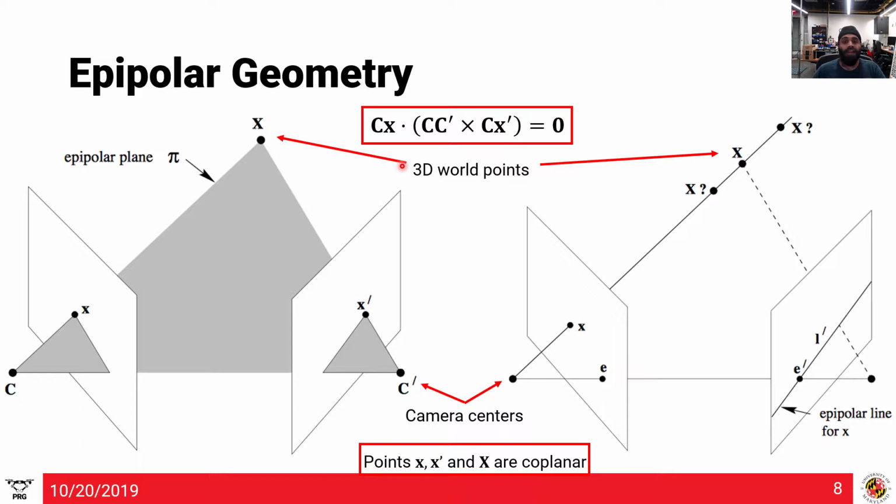Given that, I can say that Cx dot (Cc dash cross Cx dash) must be 0, right? The plane formed is denoted by pi, and it's called the epipolar plane. Since these points are coplanar, the rays back-projected from x and x dash intersect at capital X. This is the most significant property in searching for a correspondence.